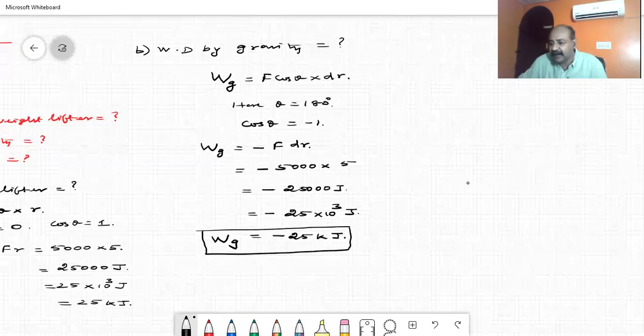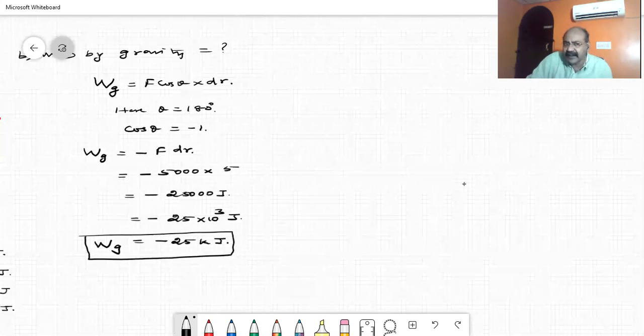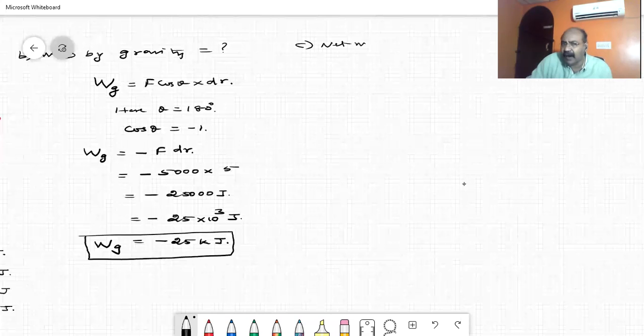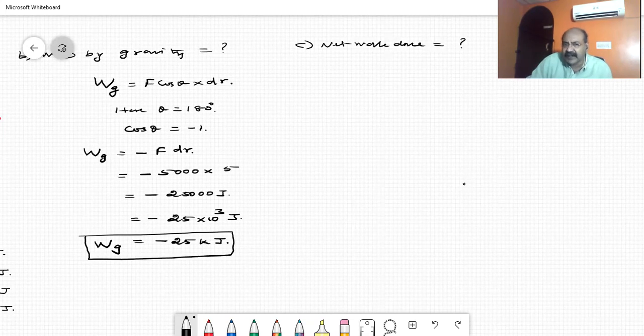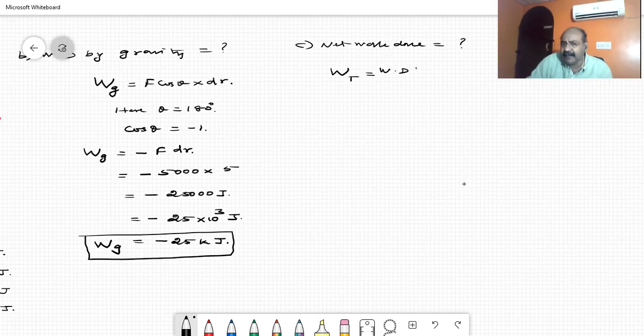This is the second one. Then what is the third one? The third one that has been asked is the net work done by the lifter. So let us consider WT, the total net work, is equal to the work done by the weightlifter plus the work done by gravity.